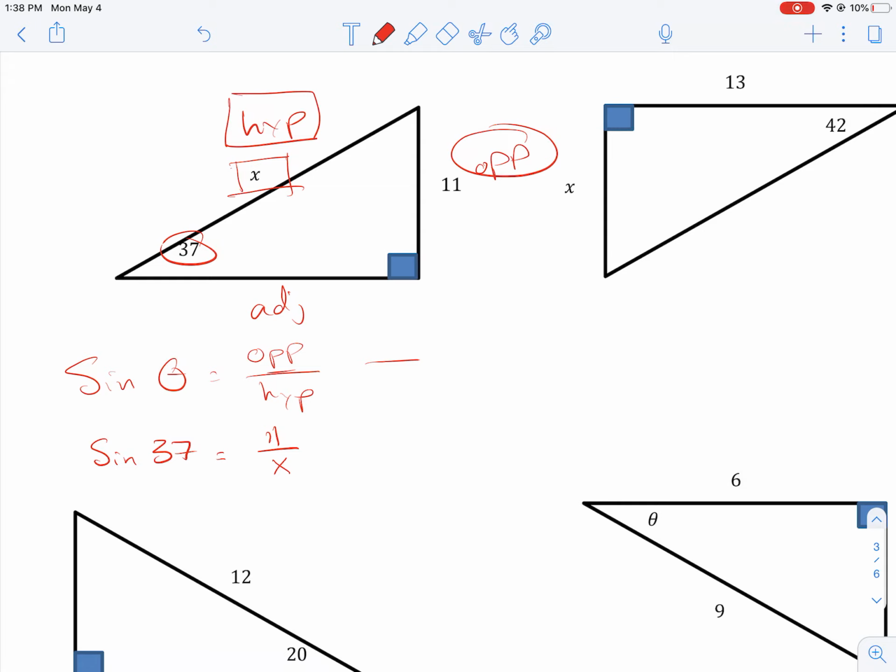Make sure you're in degree mode. So we're going to go sine 37. So this is going to be 0.6018150232 is equal to 11 over x.